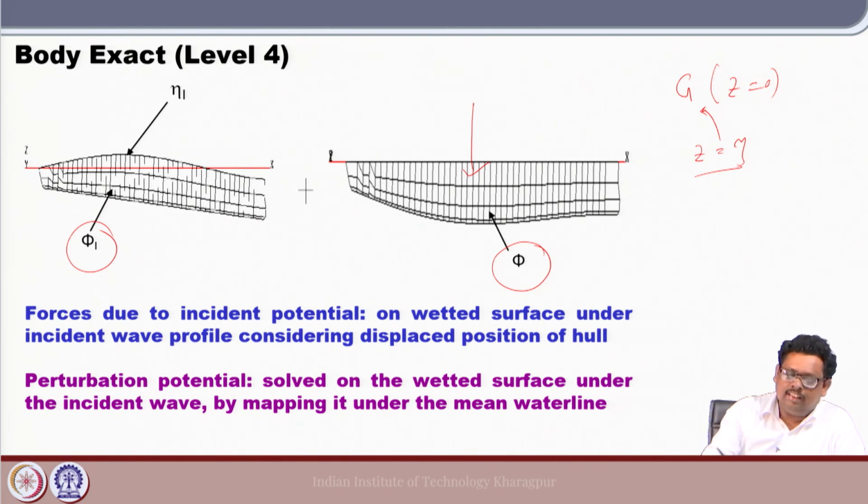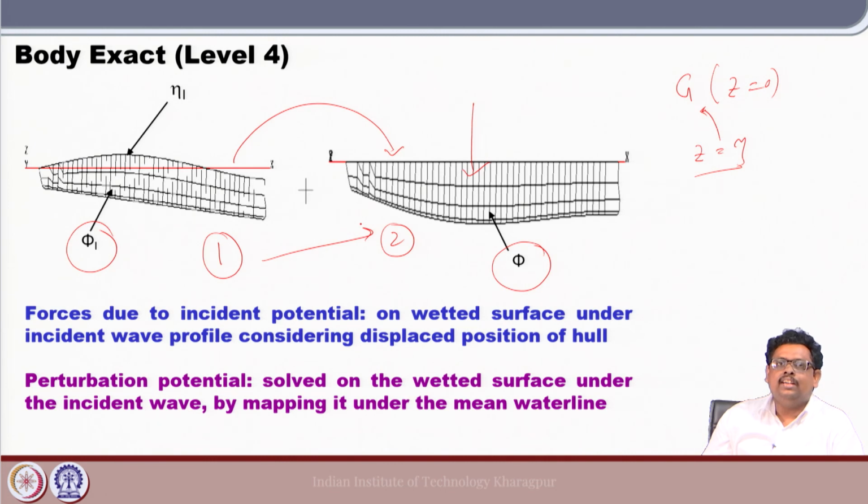If you look at this figure, the left hand figure, let us call this figure 1 and figure 2. You can see that here this is the weighted surface, it is a little bit on top. So, what we are doing is we make it go down, and then this profile which is at eta 1 we are moving downward here.